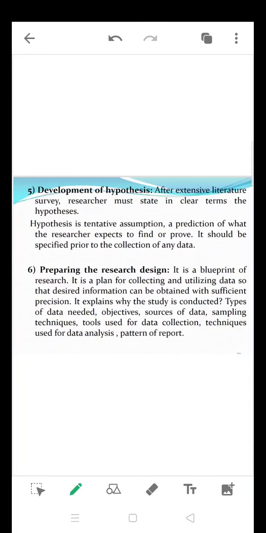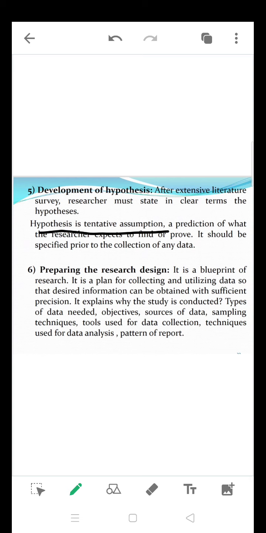And the next is development of hypothesis. As I told you, after an extensive literature survey, the researcher must state in clear terms the hypothesis. Hypothesis is a tentative assumption, that is what I told you in the beginning classes. It is a tentative assumption made by the researcher, a prediction of what the researcher expects to find or prove.